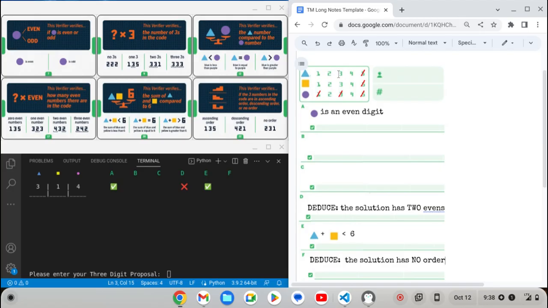And how would you pick such a number? Perhaps, well, let's see. If triangle were to be less than... Of course, we are constrained for triangle and square to add up to less than 6, so we do have to pick something to that effect.